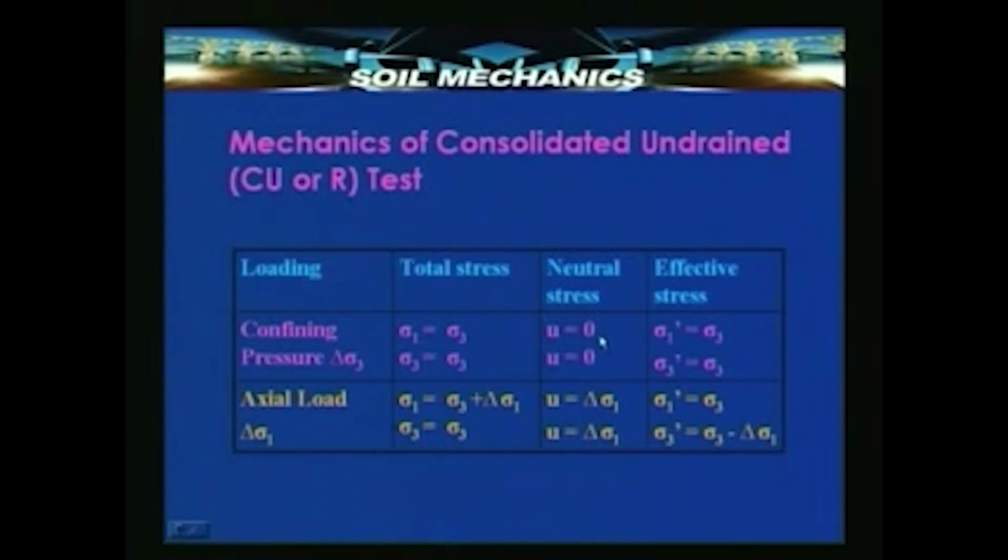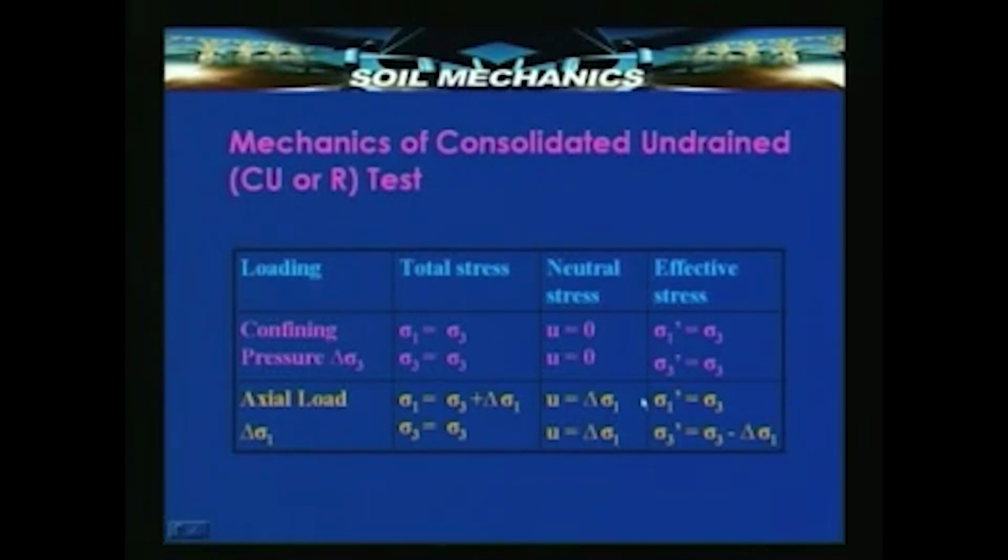Pore pressure remains 0, effective stress becomes the applied stress, but the difference comes now in the second stage compared to the previous test. When the axial load is applied, the total stress of course becomes sigma 3 plus delta sigma 1 and sigma 3 in the lateral direction, but since no drainage is permitted, neutral stresses are non-zero.